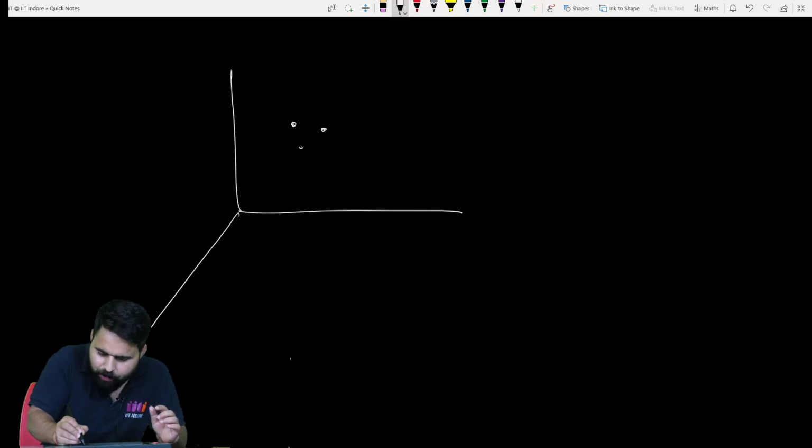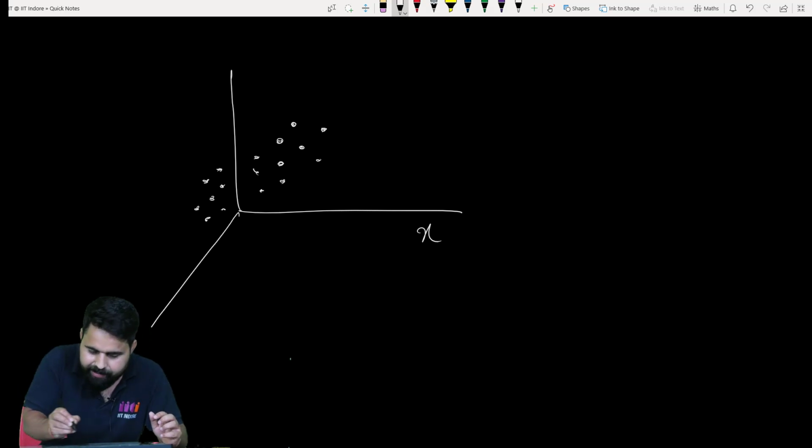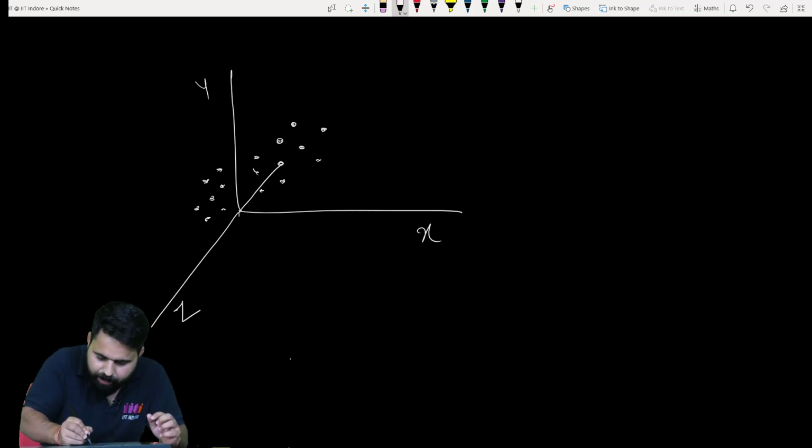I will draw a few more points than what I drew on our page. Let me draw more points here, and each of these points now has 3 coordinates. Let me write these axes as x axis, y axis and z axis, and every point, for example this point, will have 3 coordinates.